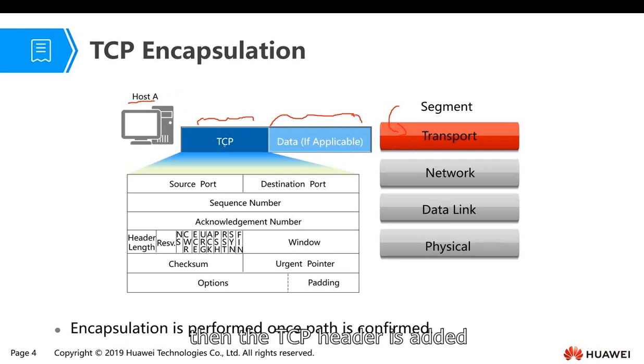Then the TCP header is added. The most important part is the source port and the destination port. We know that the destination port is to identify the service that's provided by the server. Of course, for HTTP, the destination port is 80. This is the default destination port.